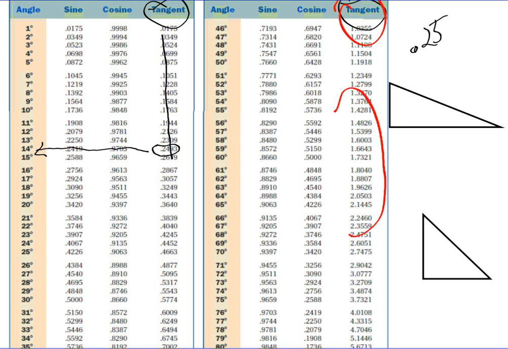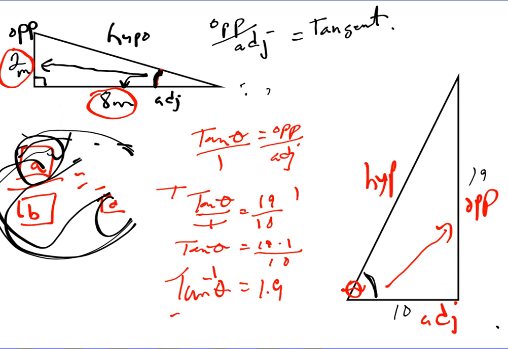There's a 1.9, and there's something really close to 1.9. Actually, I think this one is closer to 1.9. So we're going to say that the answer is 62 degrees. So we know that the angle is equal to 62 degrees.